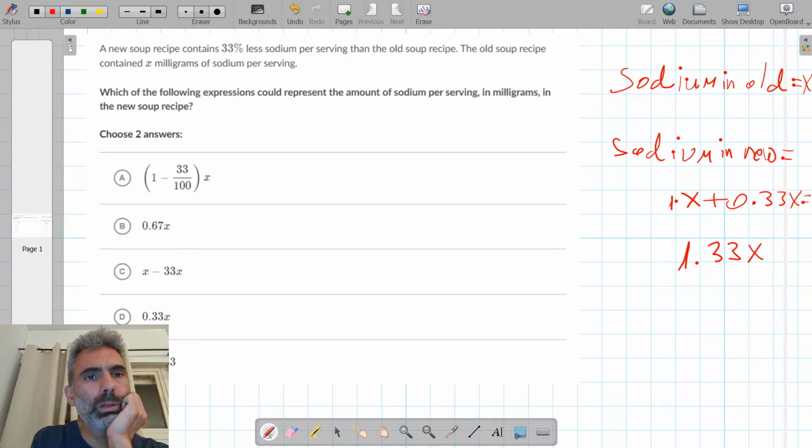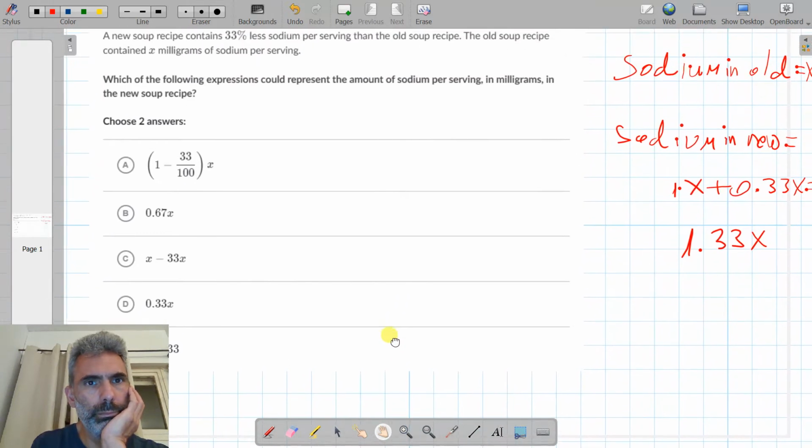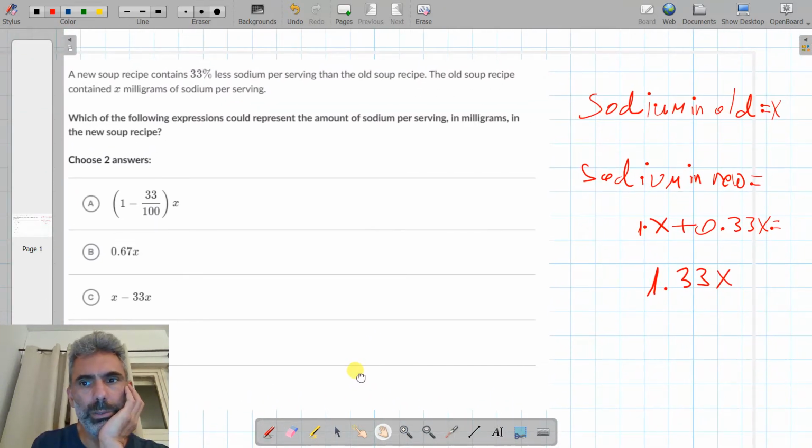So which of the following expressions could represent the amount of sodium per serving in milligrams? In the new, okay. Less, not more, less.